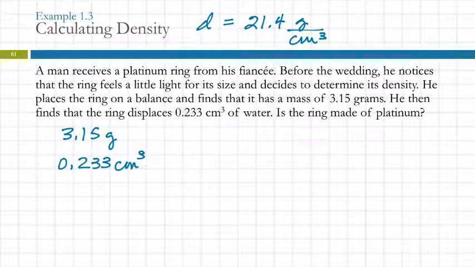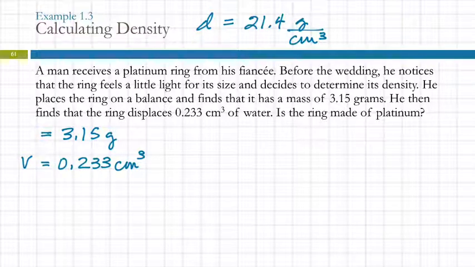When you put something in water, the water level goes up, and the amount that it goes up is equal to the volume of the object, because the object displaces the water, pushes it up. So that's what this is talking about, the ring displacing that much water. That means that that's the volume of the ring. So we can identify that as the volume.